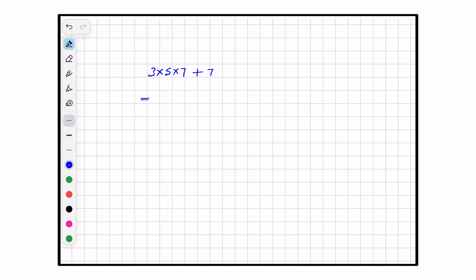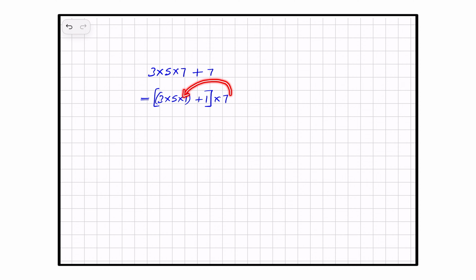So we can rewrite it as 3 into 5 into 1, I put it in bracket, plus 1, and all together multiplied by 7. This 7 will come here and this 7 will come here, and then we will get the same number. Okay, now what have we seen?